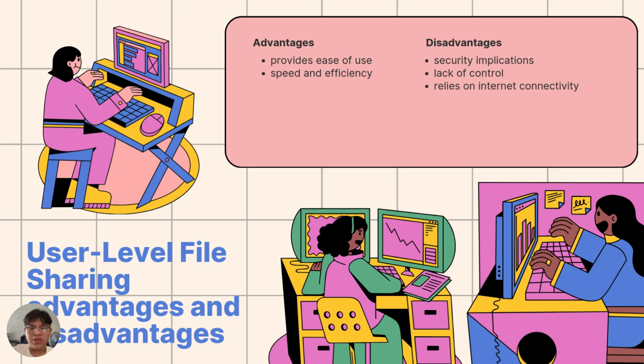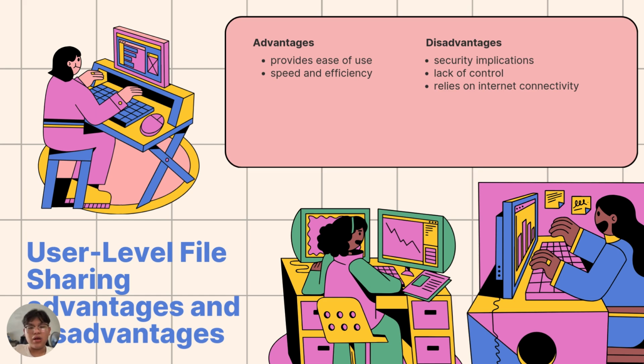For the disadvantages, they have security implications, lack of control, and reliance on the internet. Security implications: higher risk of unauthorized access and data breach if links are shared inappropriately.